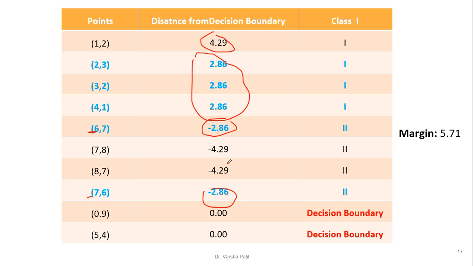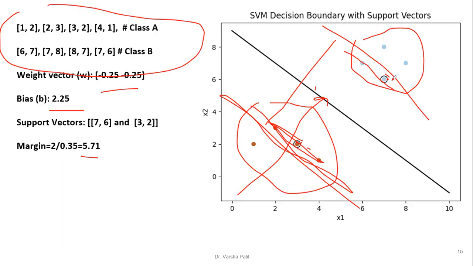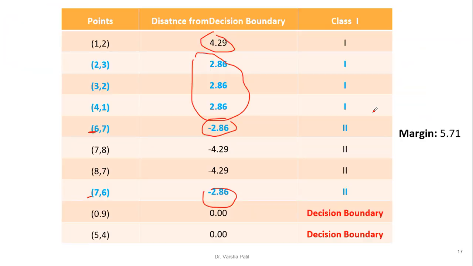These 2 points from class 2 are the candidates for the support vectors, with distance 2.86. The margin is 5.71: from one class the distance is 2.86, and from the second class also 2.86, so if we add, we get close to 5.71. The remaining points are far away from the boundary, with a distance of 4.29. And the points 0.9905 and 445 get a distance of 0 because they lie on the decision boundary.